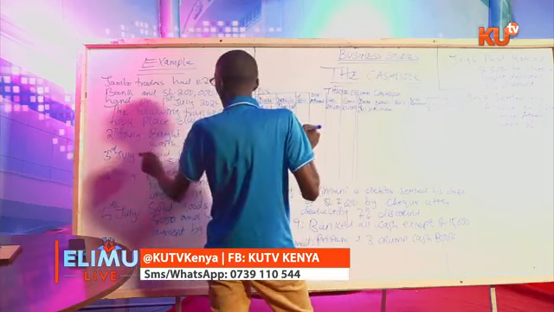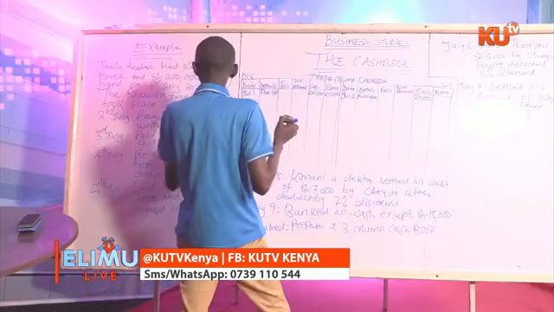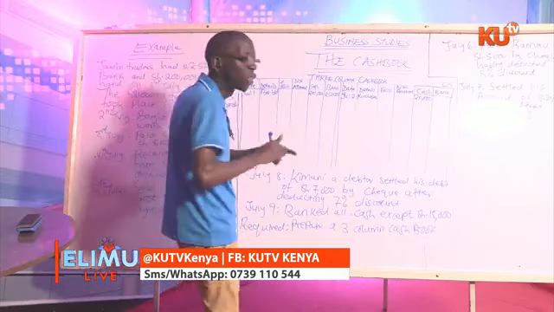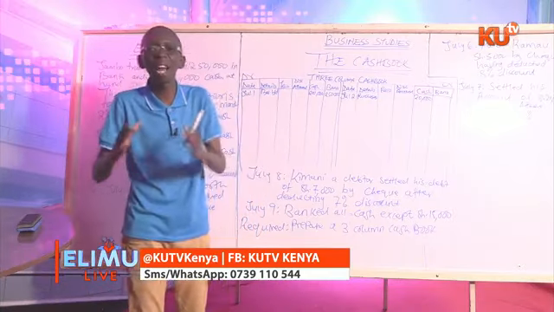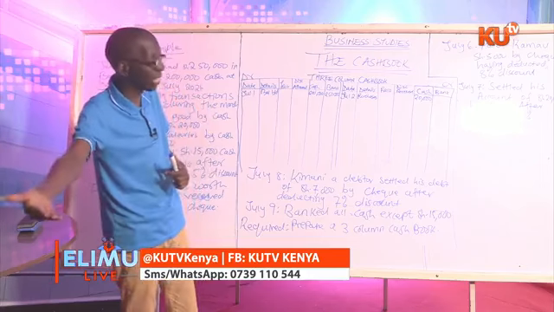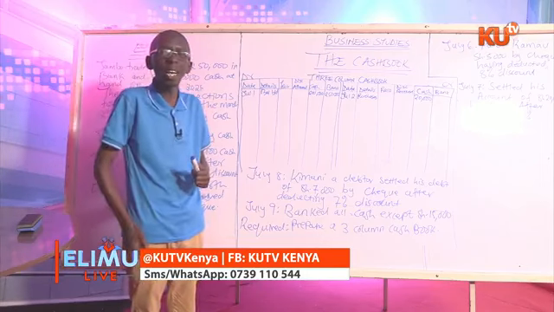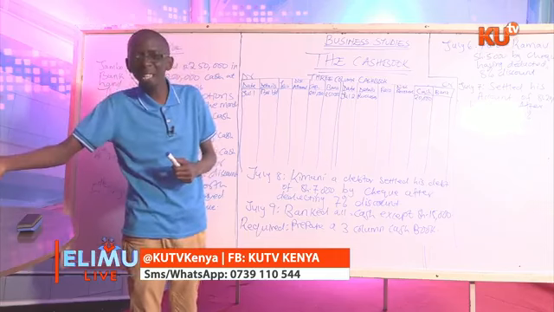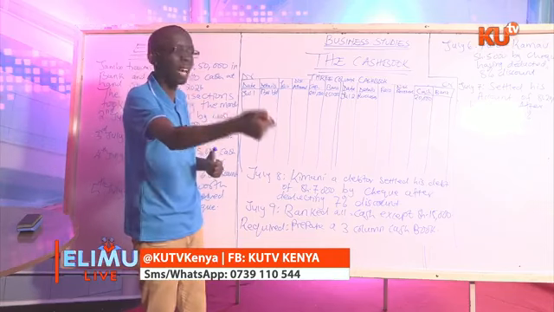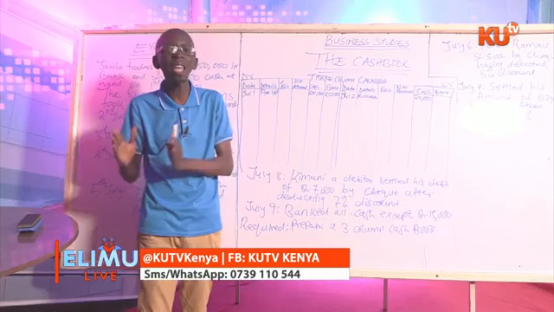July 3, paid salaries by cash 8,000. Jumbo traders paid salaries worth 8,000. So he took the cash from the business account and paid the salaries. It's a reduction in cash.